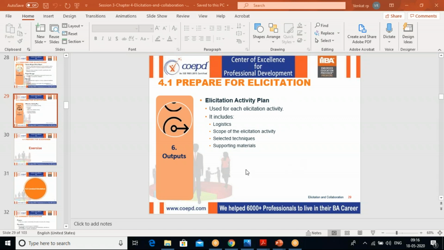Please note down these outputs. Done? You have written it?